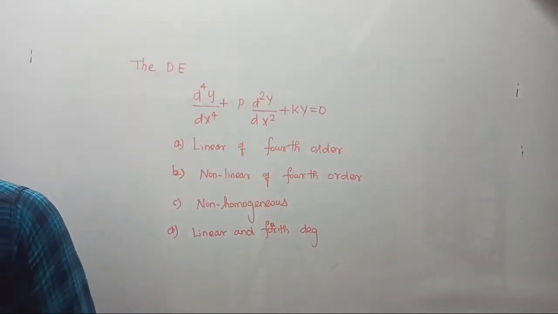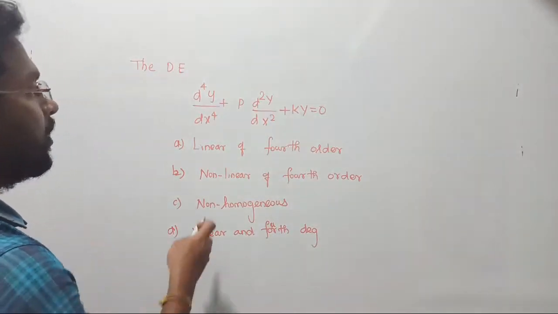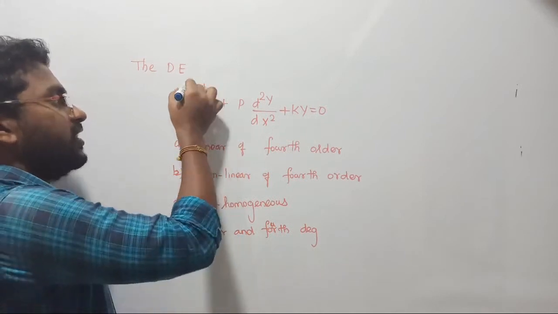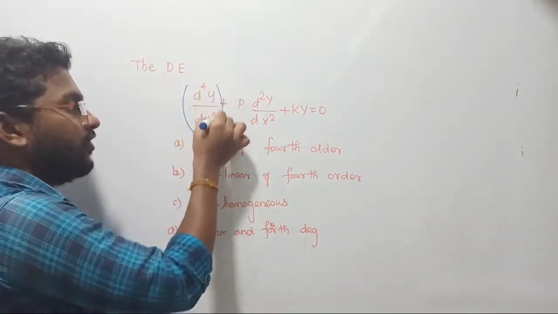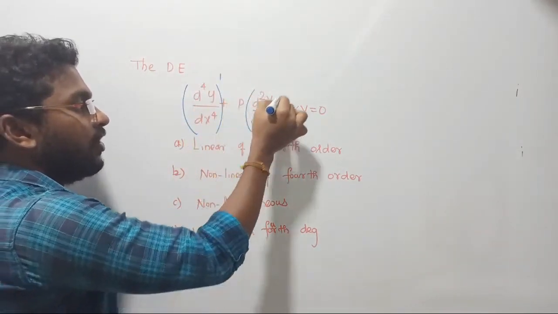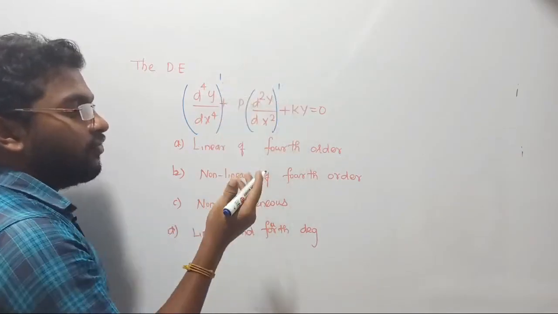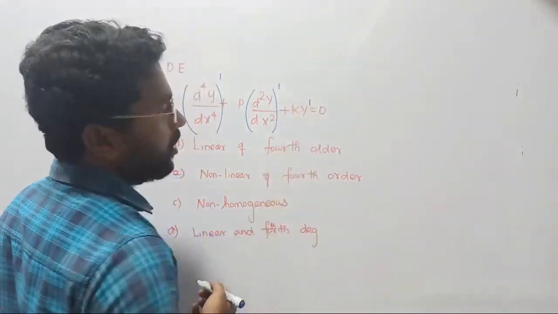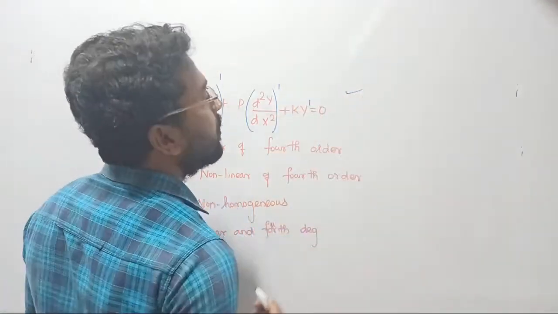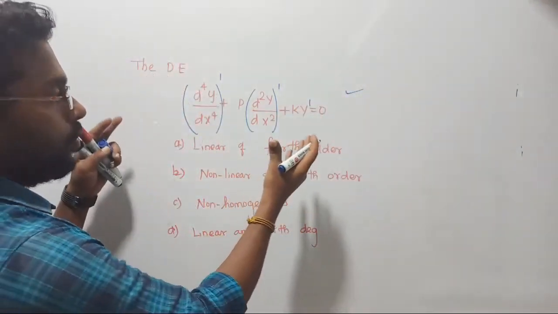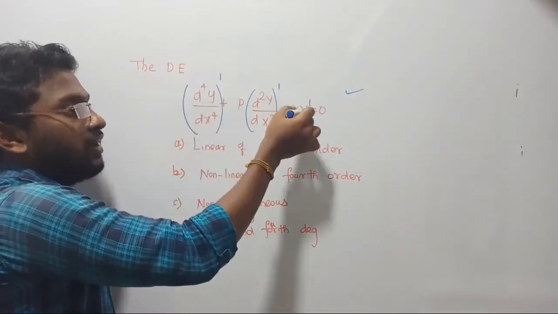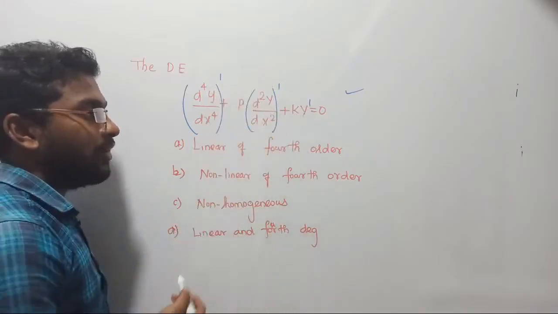Many of you guys have posted option A. Good. See, how is it linear? First of all, the degree of the differential coefficients and the dependent variable is equal to 1, so the first condition is satisfied. Second condition, there are no cross products, the differential coefficient and dependent variable are not multiplied with each other.